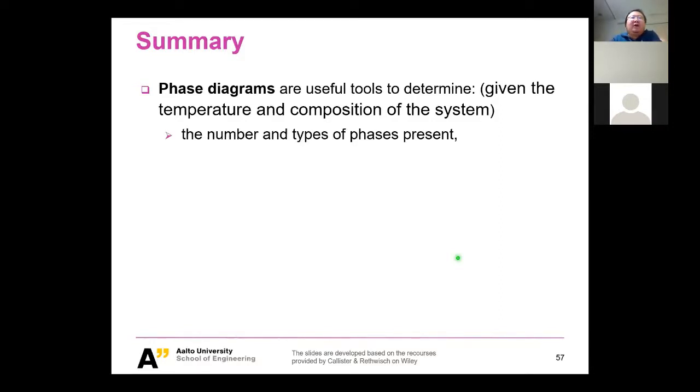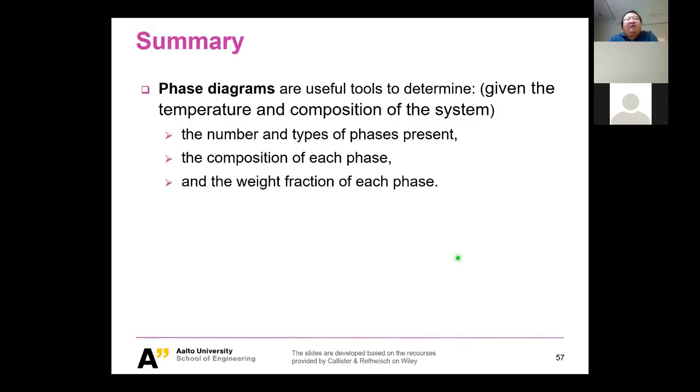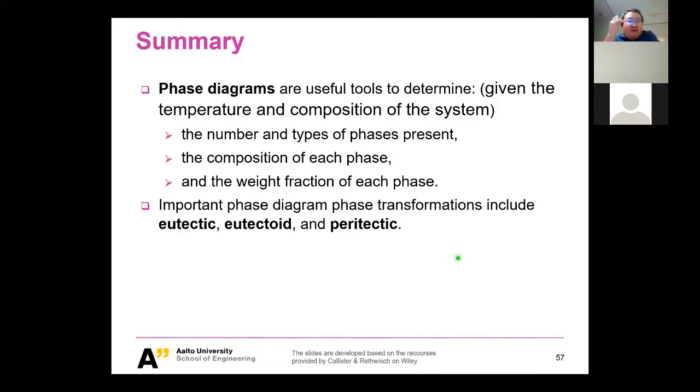You can get what phase is present and what is the composition of each phase, and also how to calculate the weight fraction of each phase. So this is an important part about phase diagram. Then I introduced you the binary phase diagram significantly. Started from the isomorphous, then we moved to eutectic, and then finally we moved to the iron carbon, which is both eutectic and eutectoid phase diagram.